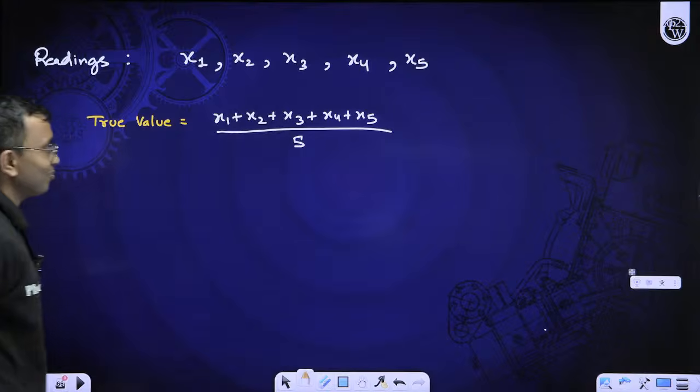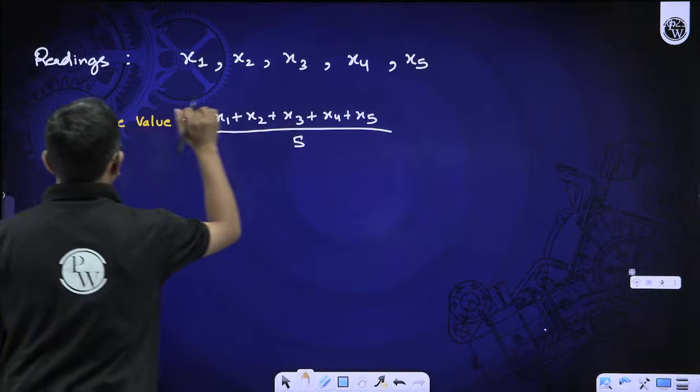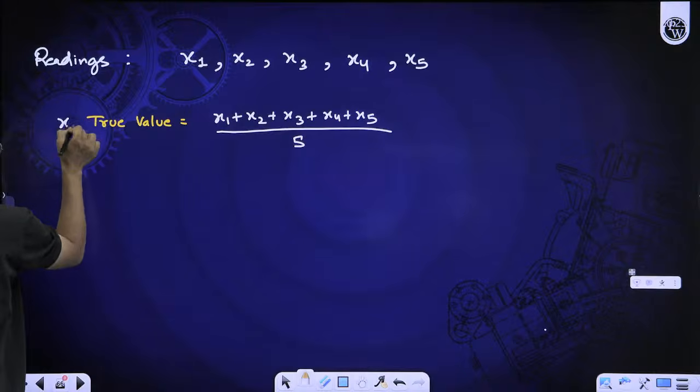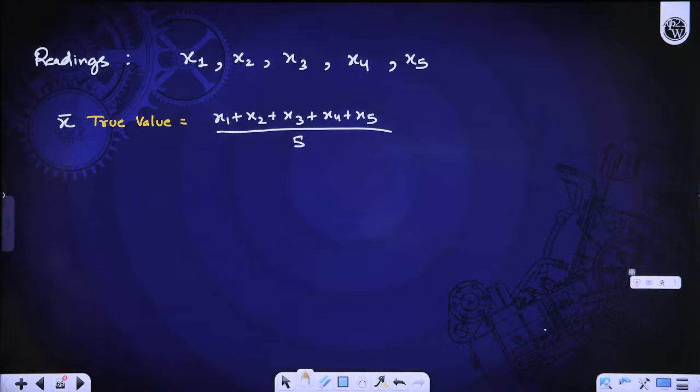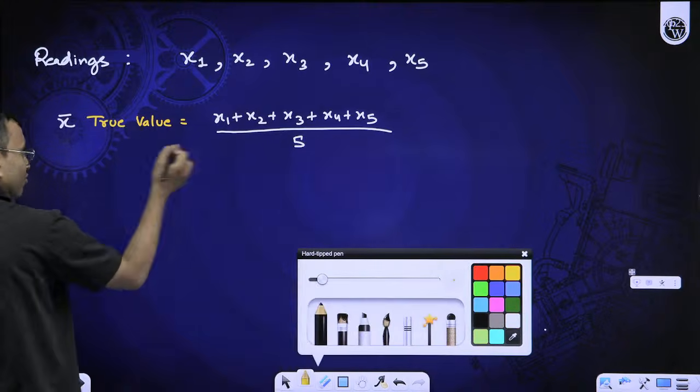That is my true value. I denote this true value with x bar, the mean. Then find the absolute errors in each of the readings.